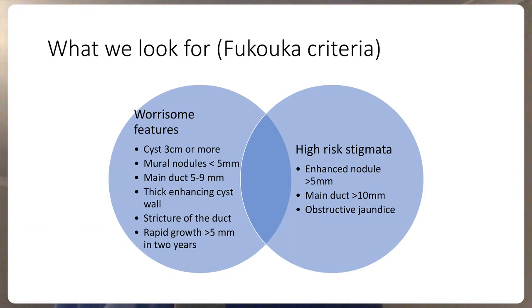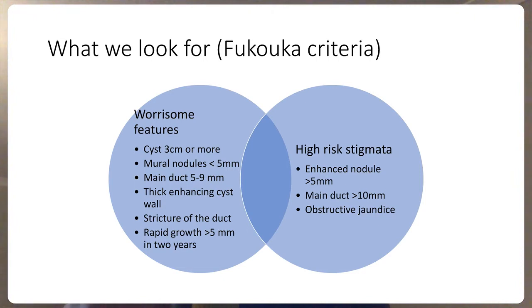These criteria are all built on a few things. One of them is the size of the cyst. The other one is the size of the pancreatic duct. We know normally the pancreatic duct is about 3 millimeters in diameter. If the pancreatic duct is more than 5 millimeters, it's considered as dilated, and then the question of intraductal papillary mucinous neoplasm involving the main duct will arise.